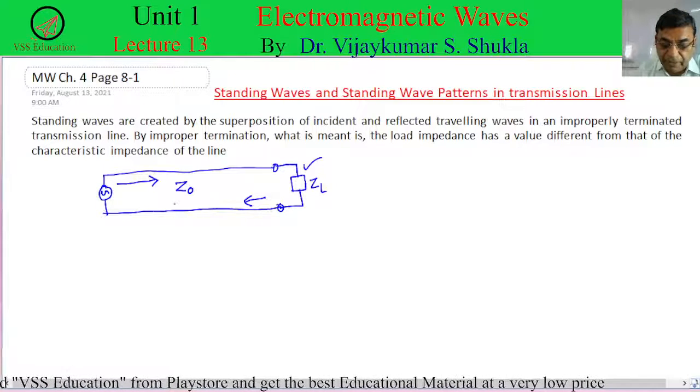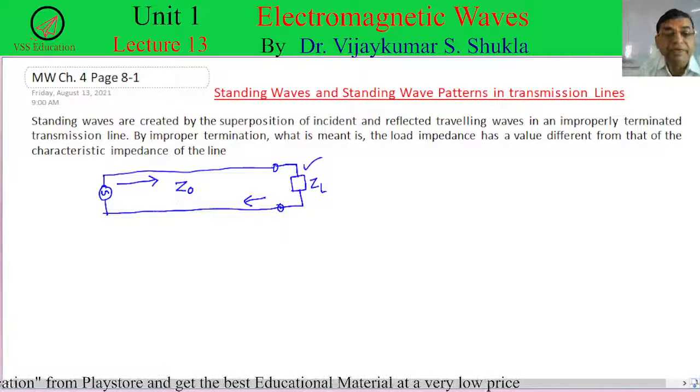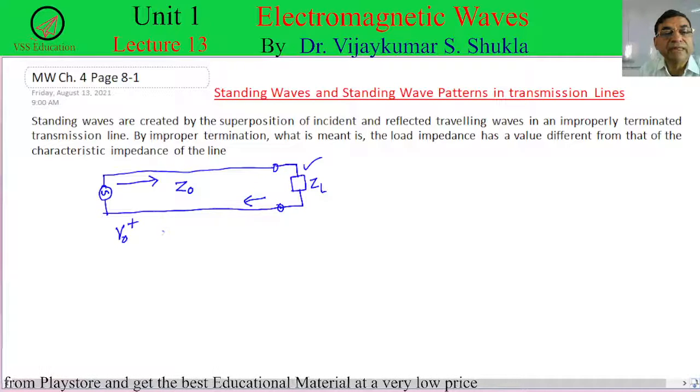Okay. Now हमने लिया था कि V0 plus and V0 minus, they are the amplitudes of the incident and reflected waves in a transmission line. So this we have taken, V0 plus and V0 minus.